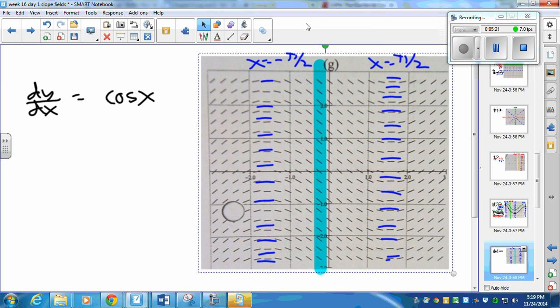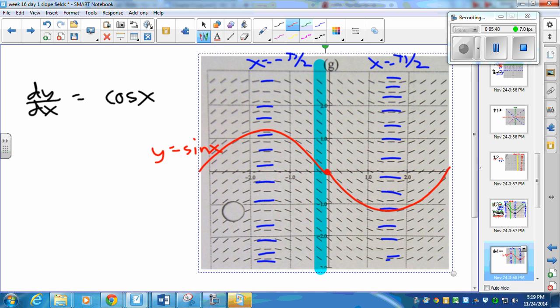And now let's take a look at these paths. I'm going to look at one something like this. Up, flat, up. Now, what path is that red guy? To me, it feels like sine x, but it's upside down. I feel like it's actually negative sine x.